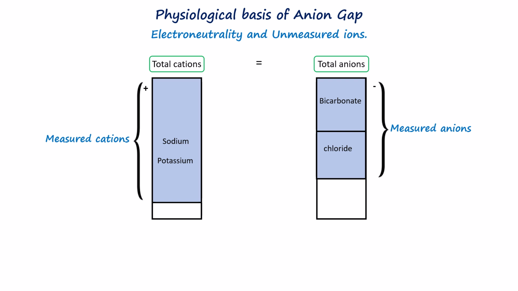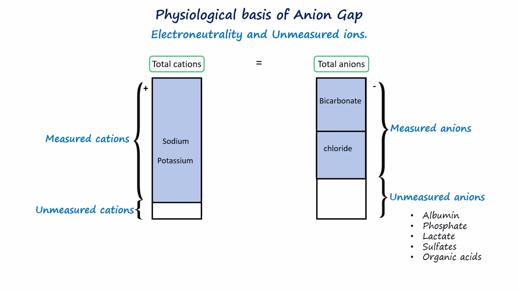These are referred to as unmeasured ions. Albumin, phosphate, lactate, sulfates, and other organic acids are unmeasured anions, with albumin significantly contributing to anion concentration. Unmeasured cations include calcium, magnesium, and other trace elements.